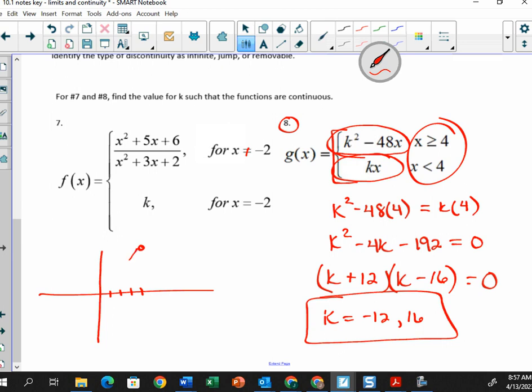And the other one, if you plug in 16 for k and 4 for x, you would also get 64. It would be a totally different graph if we used negative 12, but they would still run into each other. The x is less than 4, would that start as an open circle? Yes, and then it gets filled in.